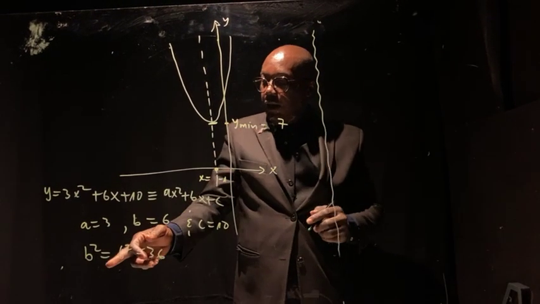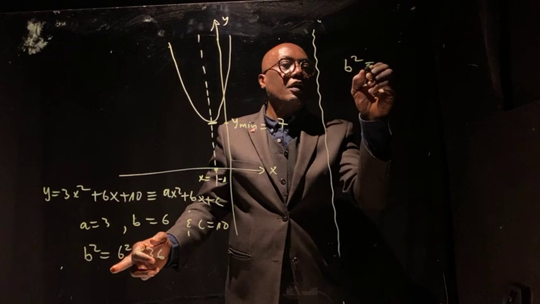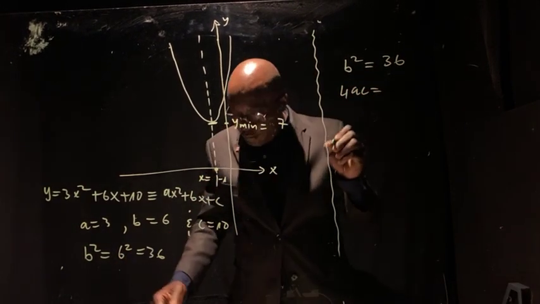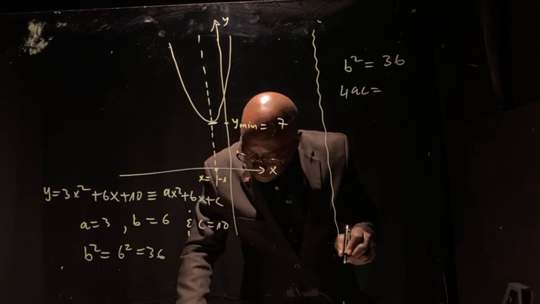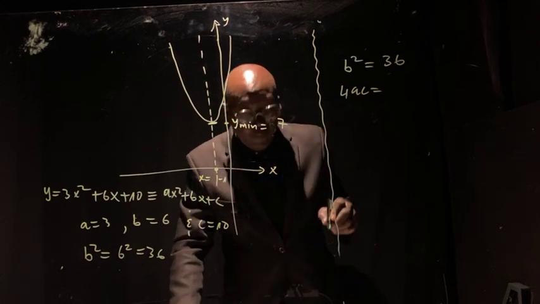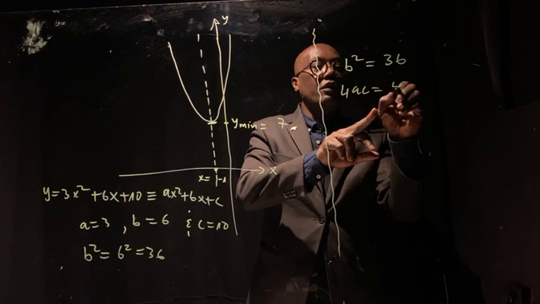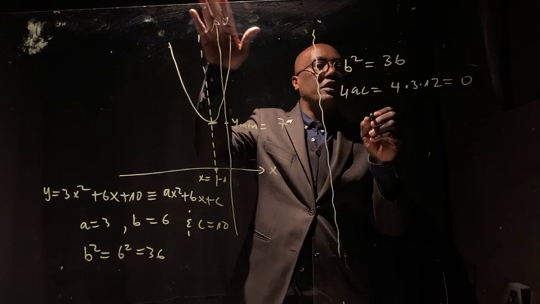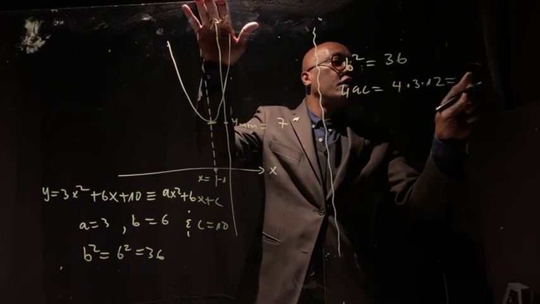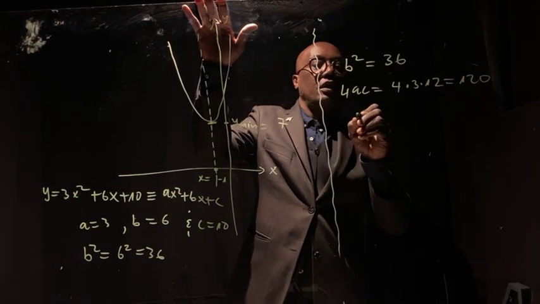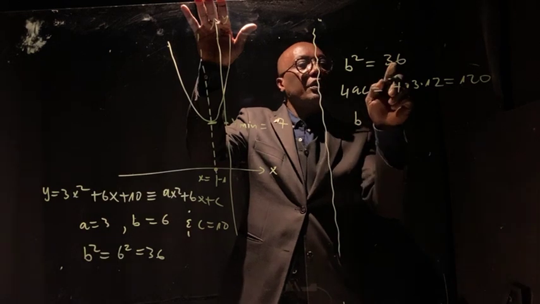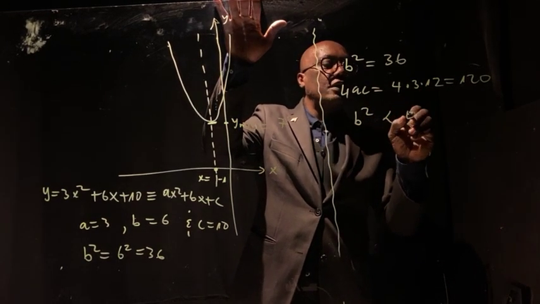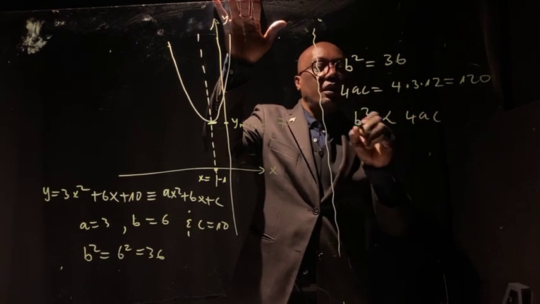We see that b squared equals 36. For 4ac, it equals 4 times 3 times 10, which equals 120. This implies b squared, being 36, is far less than 4ac, which is 120.